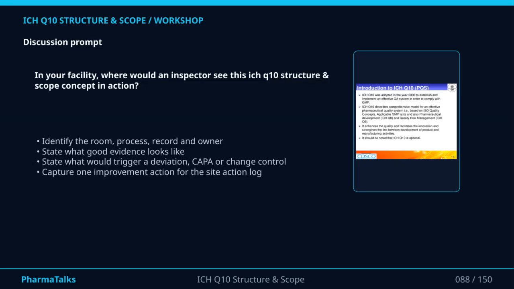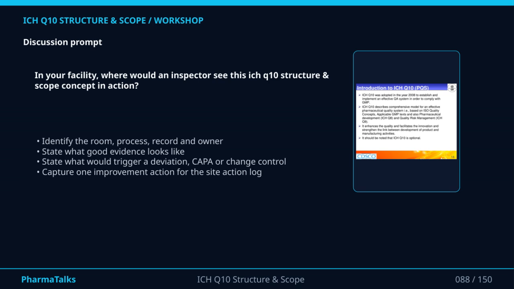Here, we're focusing on the practical application of the ICH Q10 structure and scope concept within your facility. Think about where an inspector would actually see these principles in action. Consider specific areas like a particular room or process, the associated records, and who owns them. It's important to identify what good evidence looks like in these contexts.